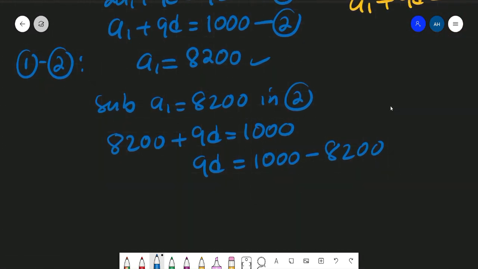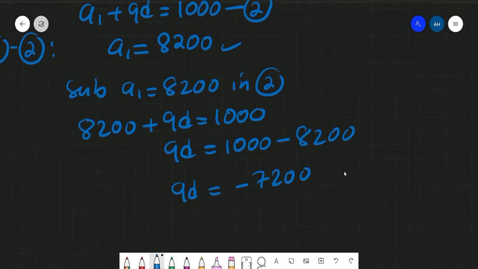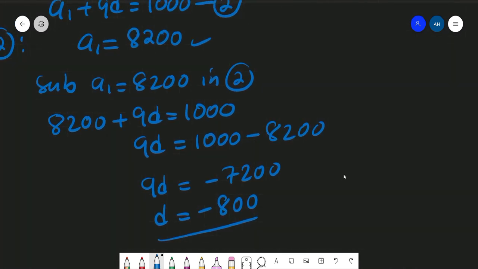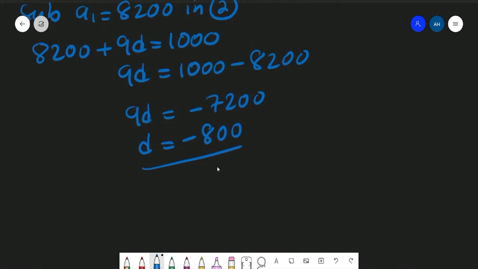On the left hand side, we have negative 7,200 equal to 9d. Now let's divide by 9 to cancel 9 on the left hand side. So d equal to negative 7,200 divided by 9, we have negative 800. This is the common difference, negative 800. We have the first value, a1 is 8,200 ringgit, and d is equal to negative 800.